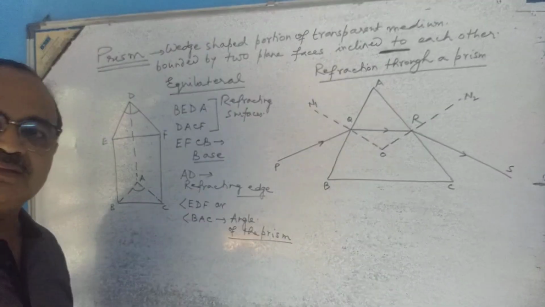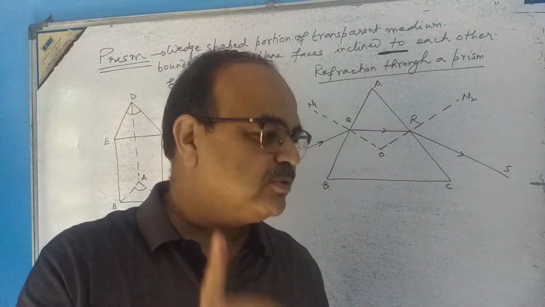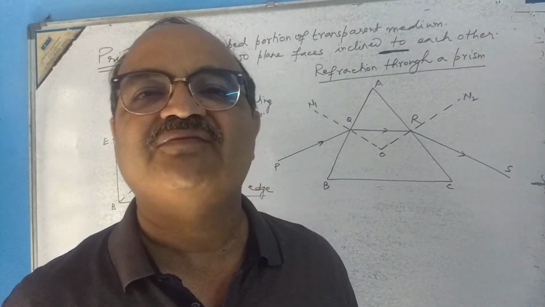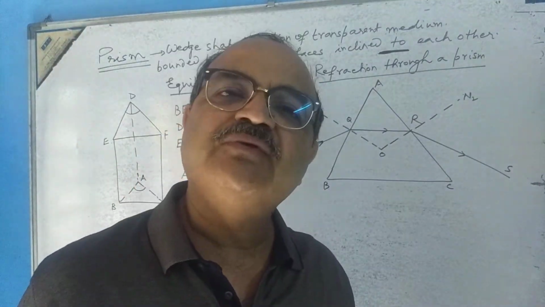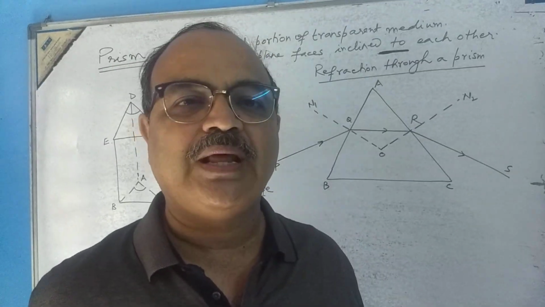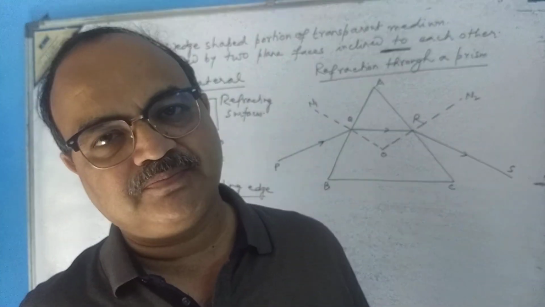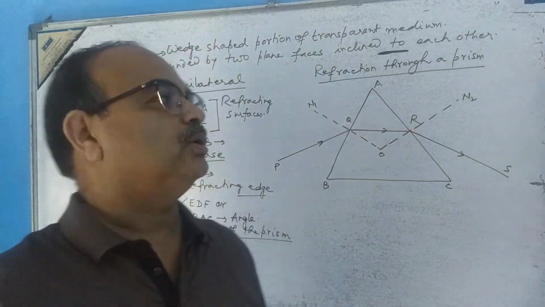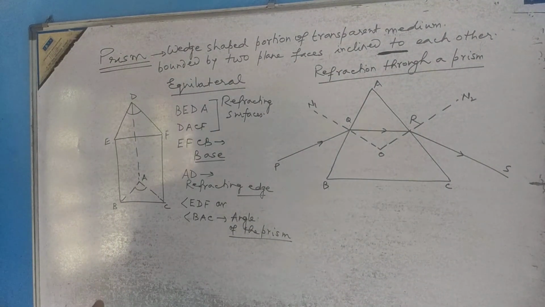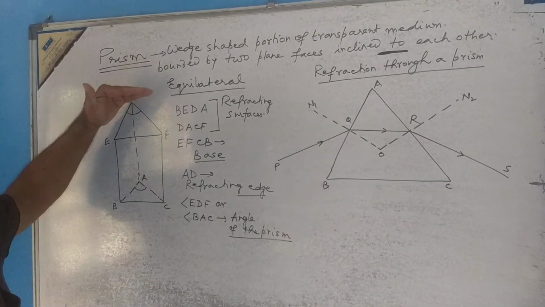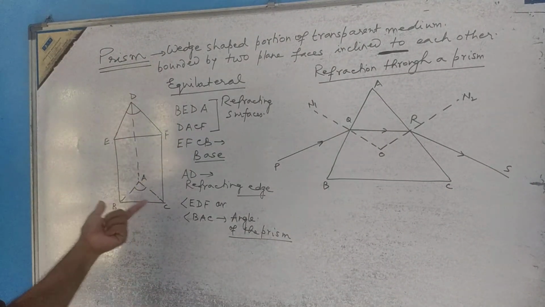The angle which is bounded by the two refracting surfaces is known as the angle of the prism. That is called the angle of the prism. This is regarding a prism. A prism looks like this.